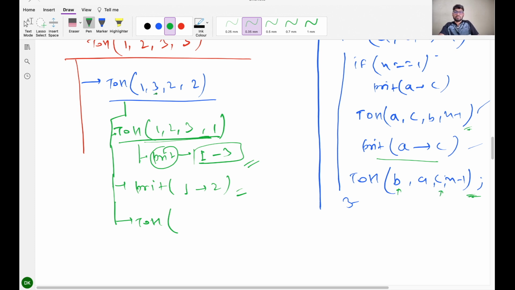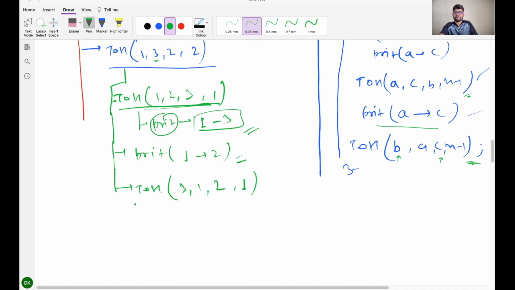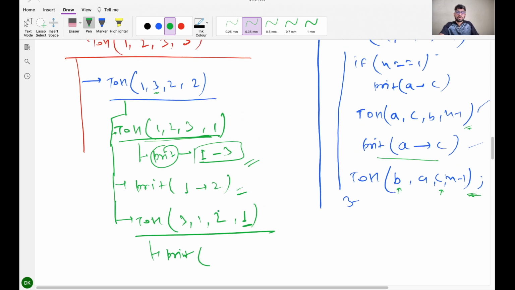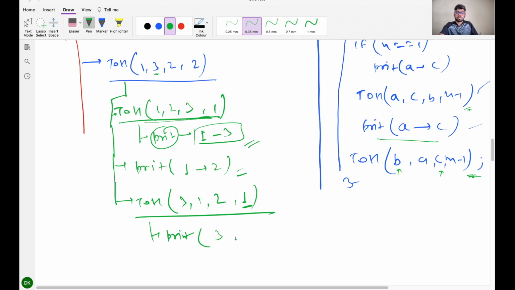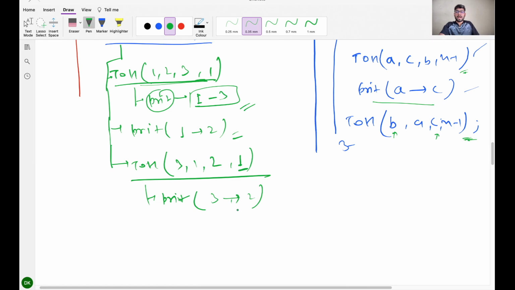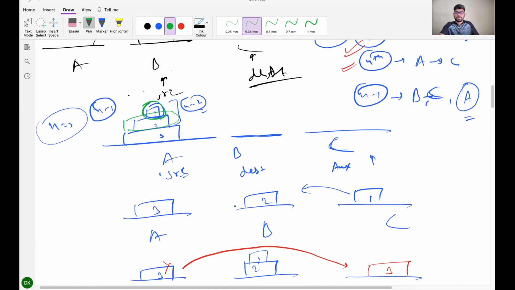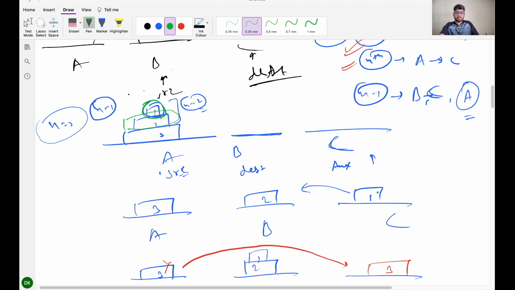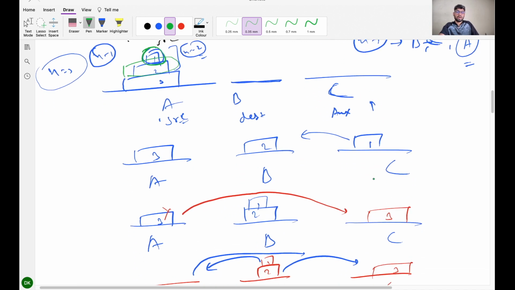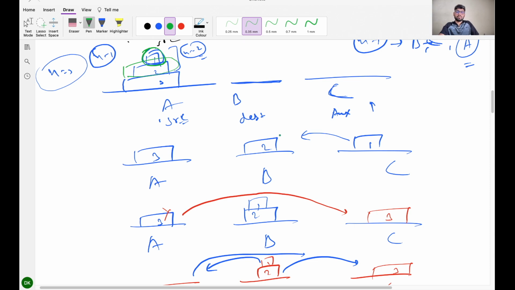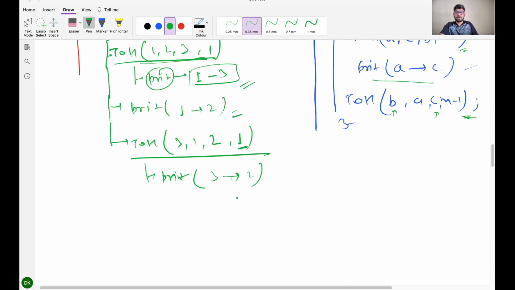For n minus 1, that is n equal to 1, I satisfy the base condition, then I have to print 3 to 2. After placing my first disk on C and second disk on 2, I again put my first disk from C to B, that will be 3 to 2.